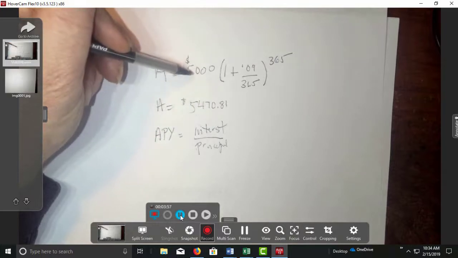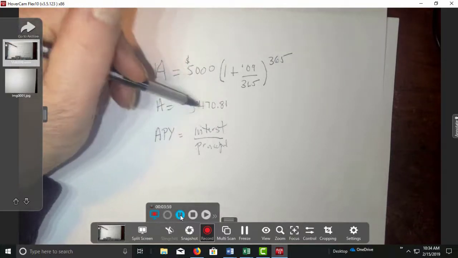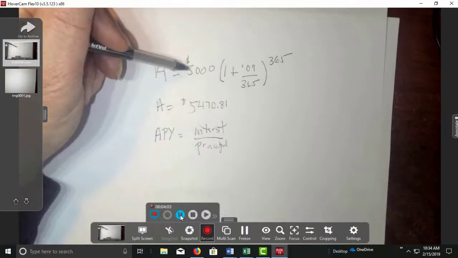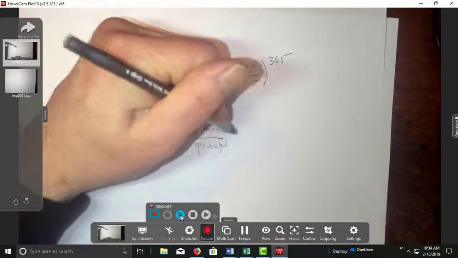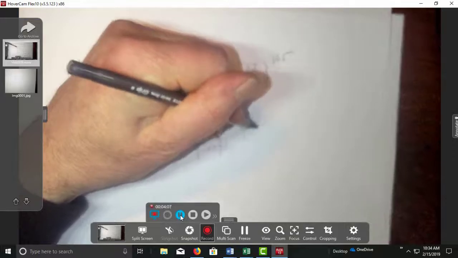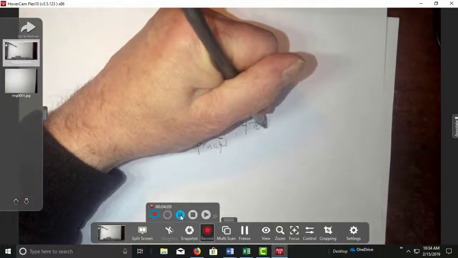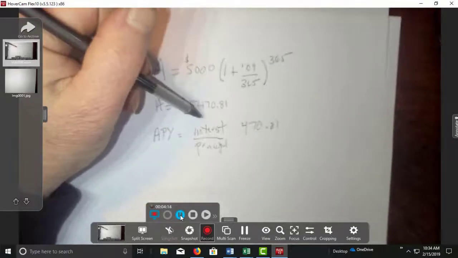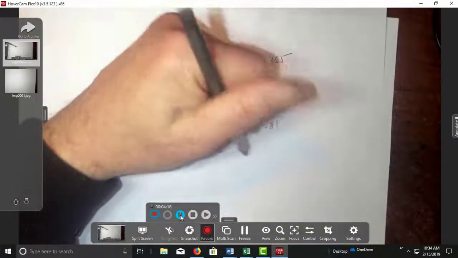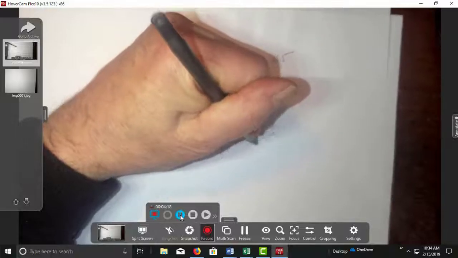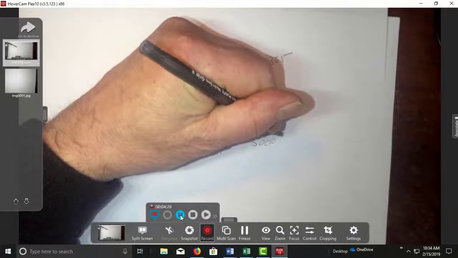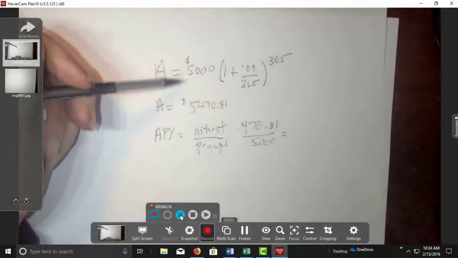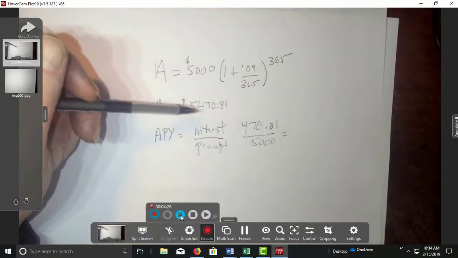So if I started with 5,000 and then now I have 5470, obviously my interest is the difference between these two, which is $470.81. And my principal is 5,000. So this is really just interest divided by principal. That's what interest rate is.